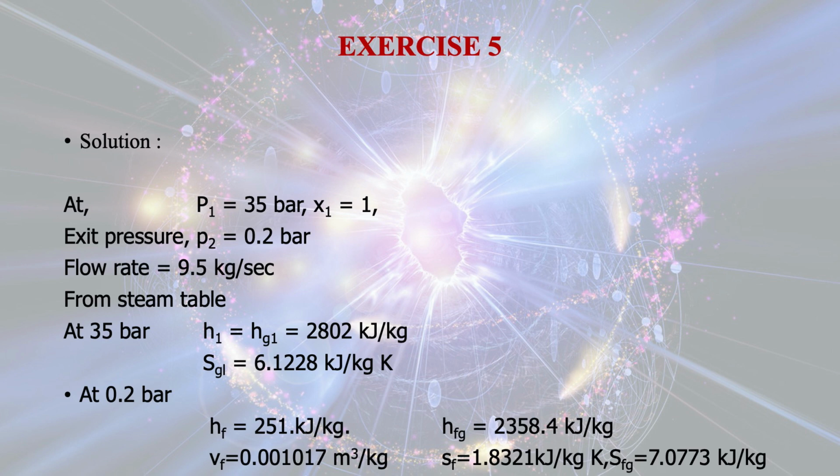So at P1 equal to 35 bar, obviously X1 will be 1, that is on the saturated vapor line, and at P2 equal to 0.2 bar. So H1 is equal to 2802 kilojoule per kg, and SG1 is equal to 6.1228 kilojoule per kg K, and at 0.2 bar HF and HFG are given, and there is no problem for calculating H2 once you know the dryness fraction.